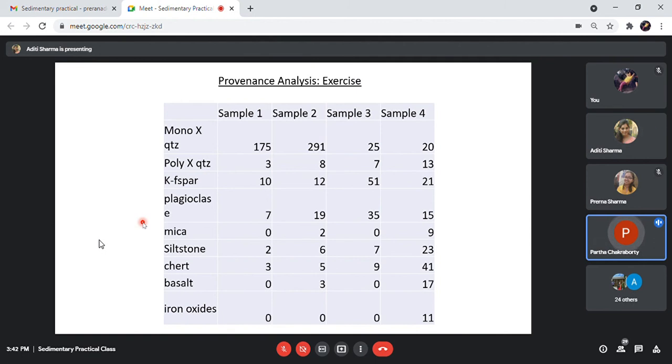Then this criterion alone is not enough to assign it, so we resort to other methods, like isotopic analysis, trace element analysis, and major element analysis. So if a sample falls on the line, we say it is in transition from this to this tectonic domain, and then we resort to the other analysis. Okay, sir. Thank you.